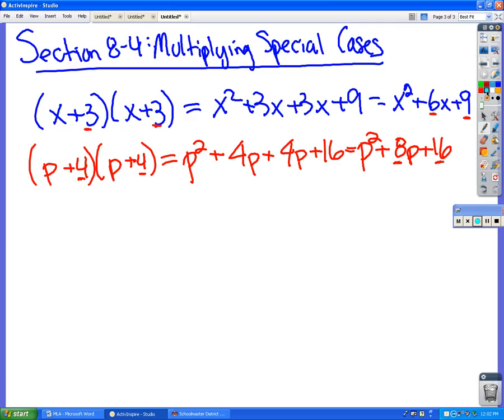So if I asked you now to do w plus 6 times w plus 6, it'd still be w squared. How many w's am I going to have altogether? 12, because 6 doubled is 12. Plus what? 6 squared, which is 36. So I can do that in one step.